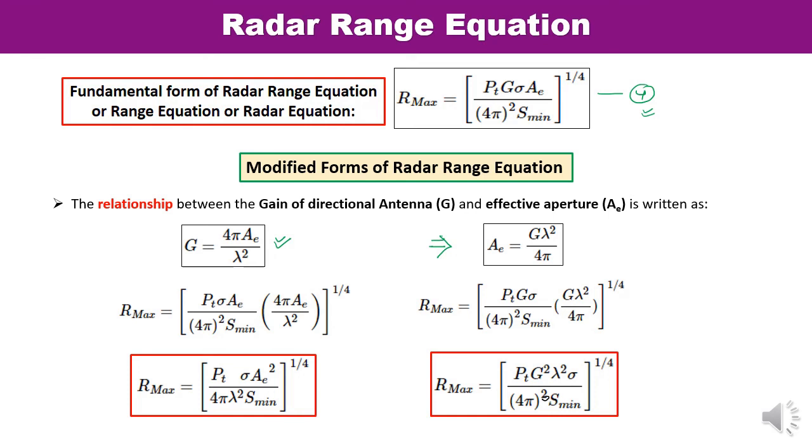So you can see how many factors the radar range equation depends on. The radar range equation determines the maximum range at which any radar can detect a target, and it is a very important tool in designing a radar system.